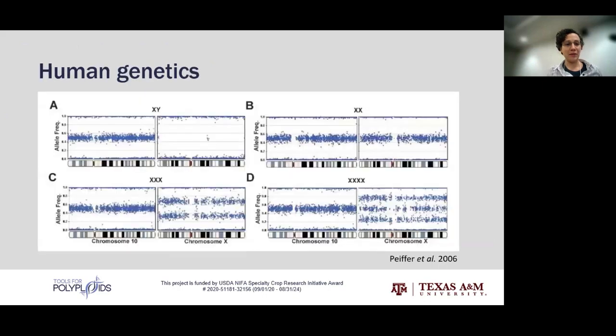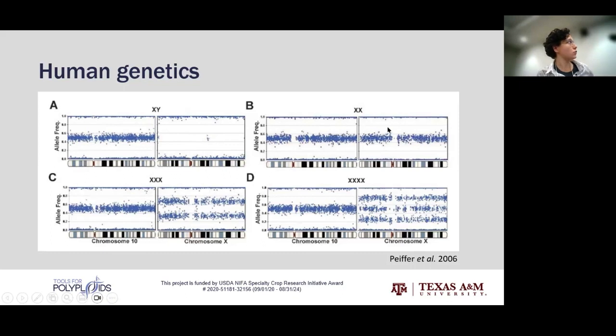At the same time, I went to read about human genetics, and they have beautiful graphics. I said, oh, I want beautiful graphics like this. How do they do that? Because it's the same type of analysis, also a microarray, and they are studying the sex chromosomes. Here in the X you have the heterozygous, and in the Y you have the deletion, that's why you don't have the heterozygous classes.